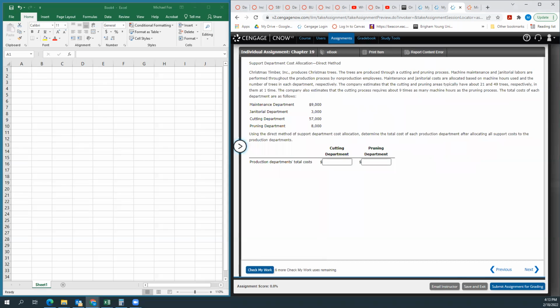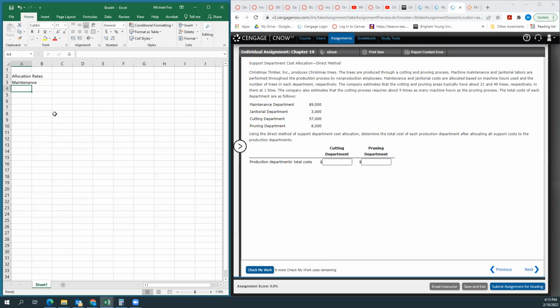Okay, so the first thing to do is figure out our allocation rates. We know that maintenance is allocated based on machine hours. So for maintenance, we're going to allocate on the basis of machine hours.